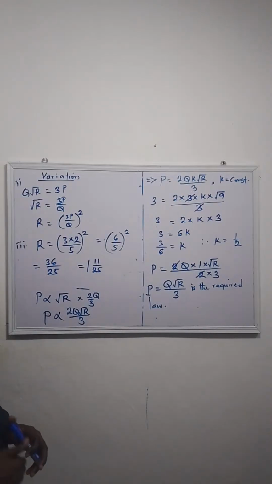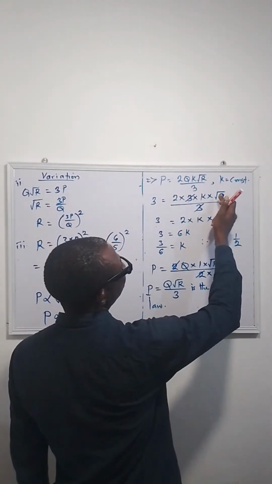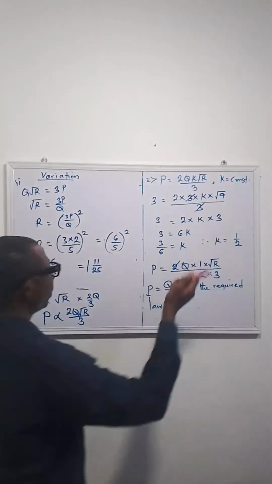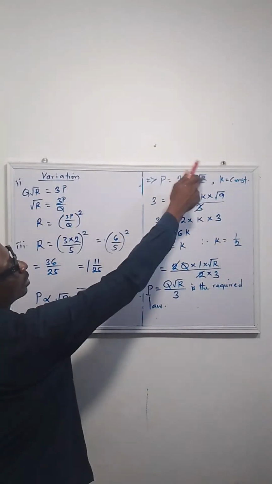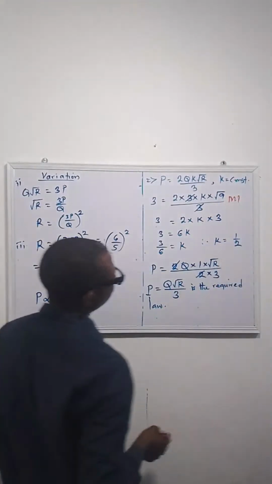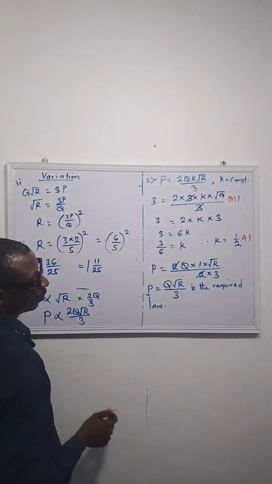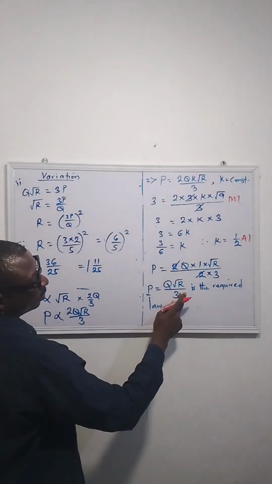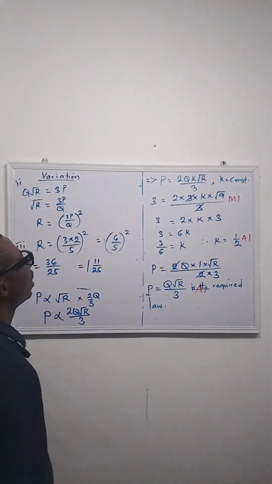So how do we award marks to this question? For substituting the values of P, Q, R into this equation, we have M1. For getting the answer, we have A1. For getting the connecting formula, or the law of variation, A1.